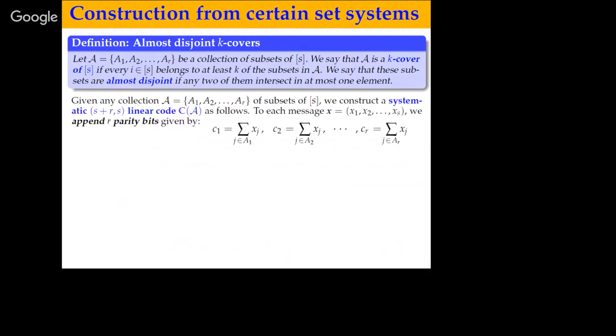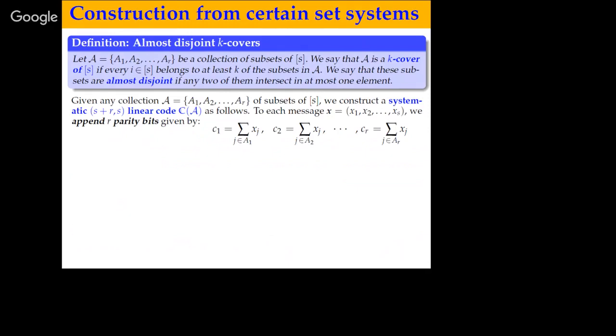Okay, now why am I interested in that? Because now suppose you found such a collection of sets. I can now use it to construct a K-server PIR code as follows. How do I do that? Again, it will be a systematic code. So the first S positions will be the message itself. And then I'll add R parities, one for each of these R sets.